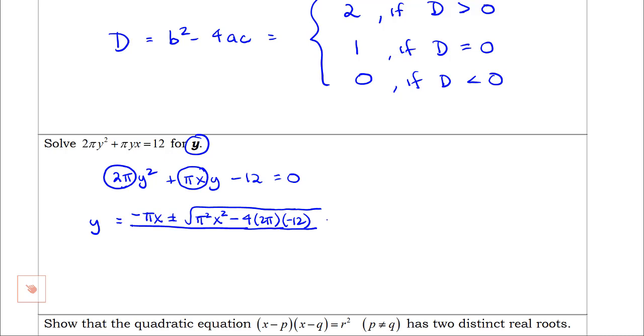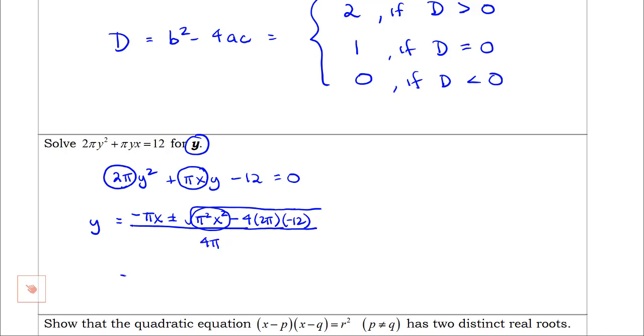That negative 12 pretty much guarantees that this is a real solution, that this is positive. You know what I'm saying? Because I think everything before it is positive. When you square stuff, it's always positive. Over what? 2a, and that's going to be what? 4 pi? Yeah, 2 times 2 pi, you're right.